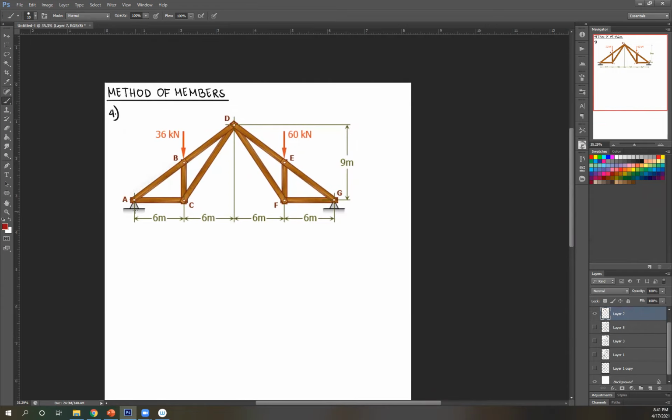This is what we're looking for, the reaction at A. Once again, I'm going to guess the vertical component of the reaction is upward, so AV, and I'm going to guess this is your AH.